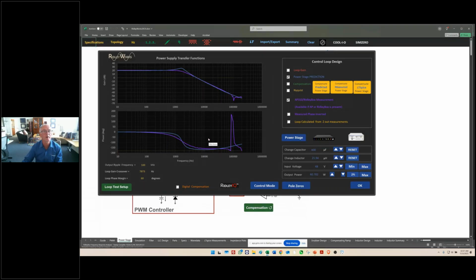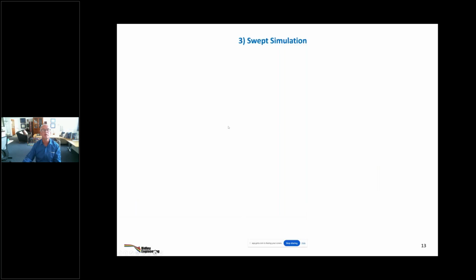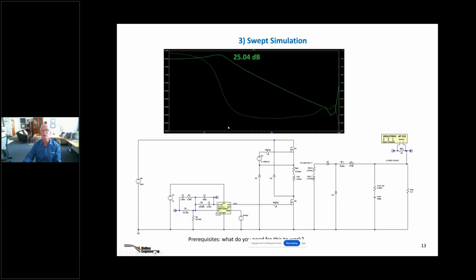So what's going on here? You know, the peak of that measurement, well, it doesn't peak at all. So the Q of that filter is not what we expected it to be. So we did the swept simulation with 25 dB. Then we go to real world measurement.